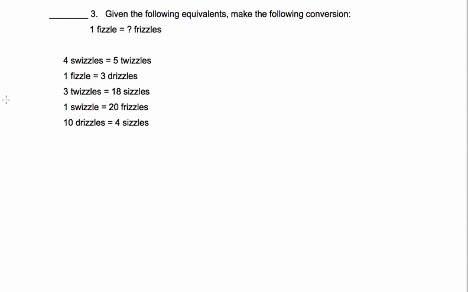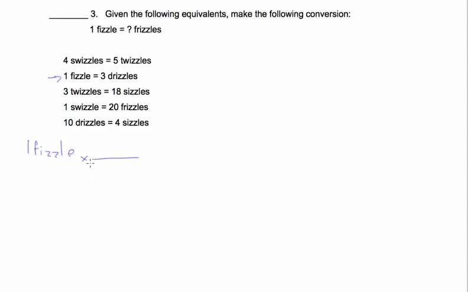So we're doing the exact same process here, even if we're using made-up units. And because all of these conversion factors and equalities are whole numbers, we're going to assume they're counting numbers, and then we won't worry about significant figures. So we have 1 fizzle, and we look, and this conversion factor deals with fizzles.